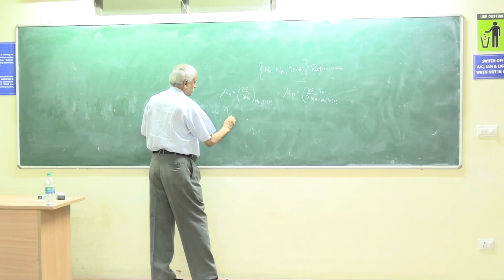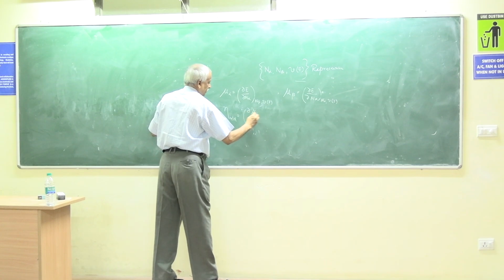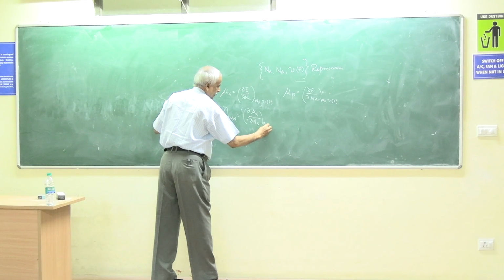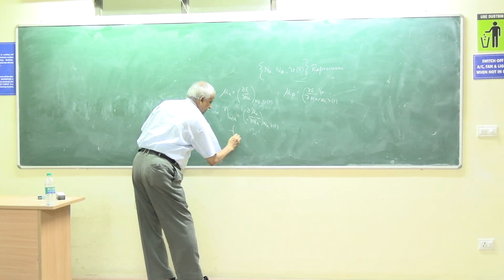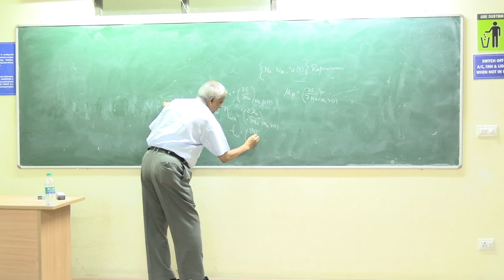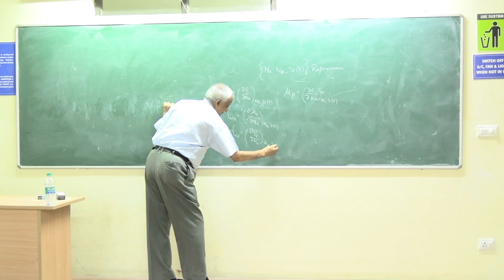Eta alpha alpha is del mu alpha del N alpha at constant N beta, v(r). F alpha alpha is del rho alpha del N alpha at constant N beta here.